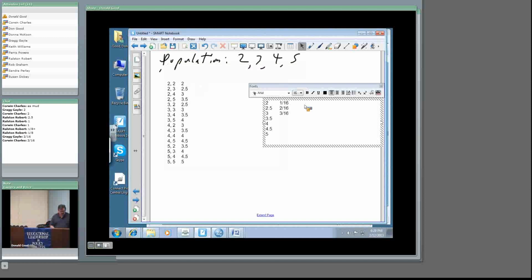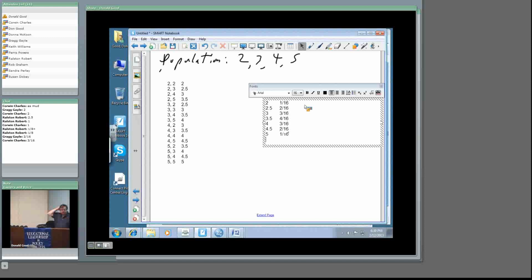And there are 4 ways to get a 3.5, so 4 out of 16, which is a 1/4 chance. 3 out of 16 for a 4. We're going to notice some symmetry now. There are 2 ways to get a 4.5, 2 out of 16 ways, and only 1 out of 16 ways to get a mean of 5.